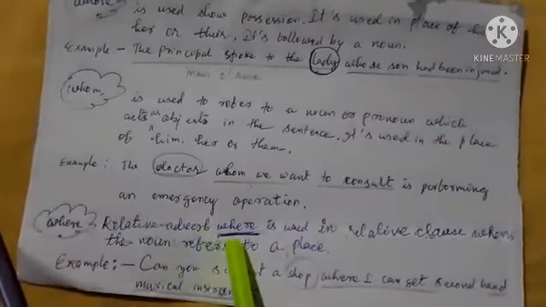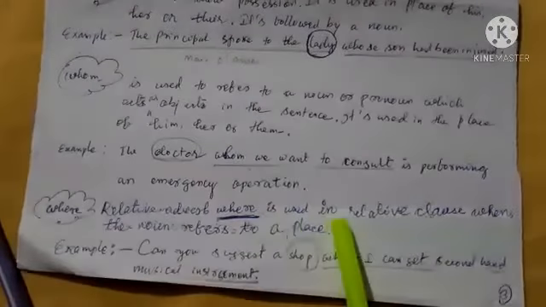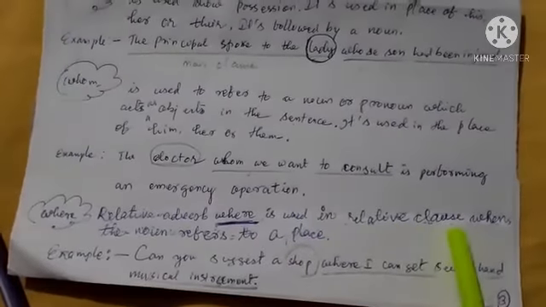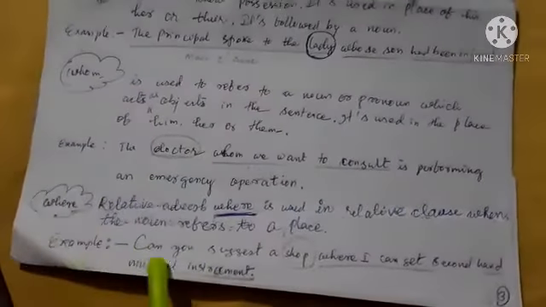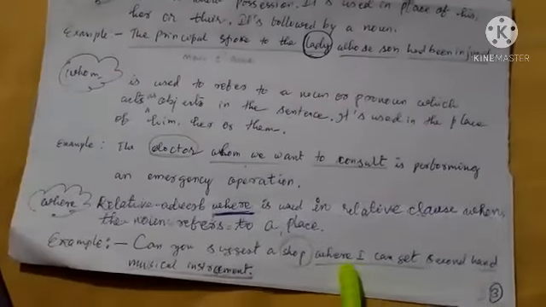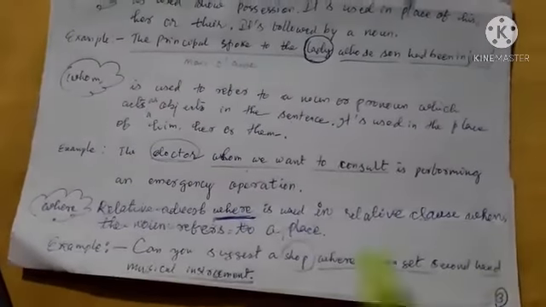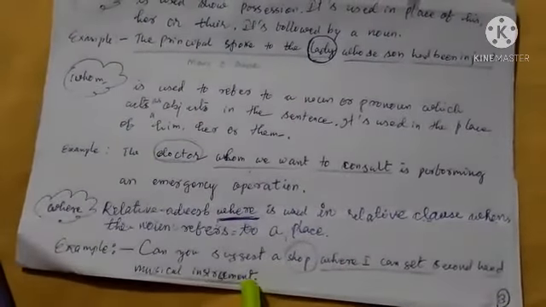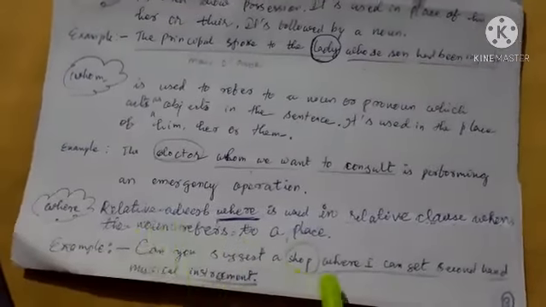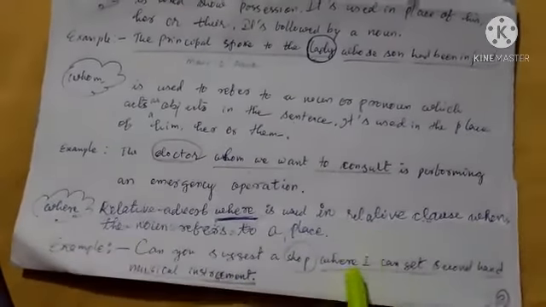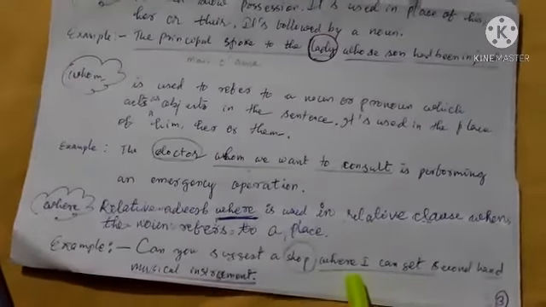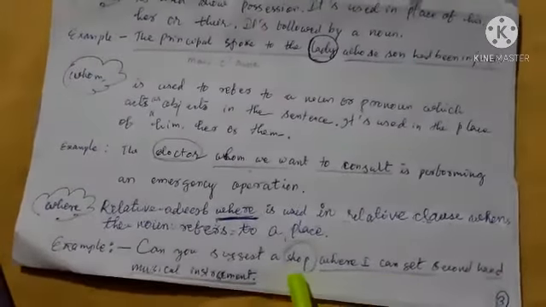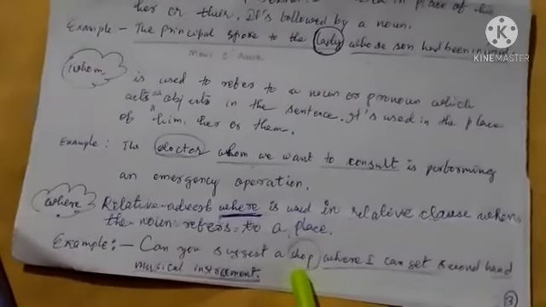The relative adverb where is used in a relative clause when the noun refers to a place. For example, can you suggest a shop where I can get second-hand musical instruments? So here the relative adverb where is used to show a place, a location.